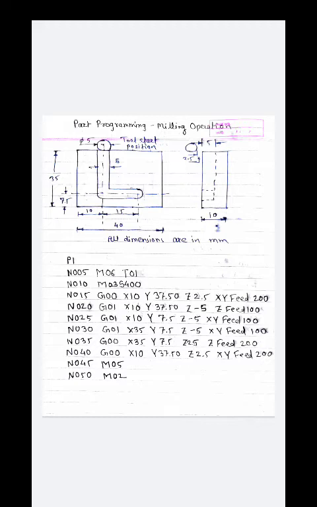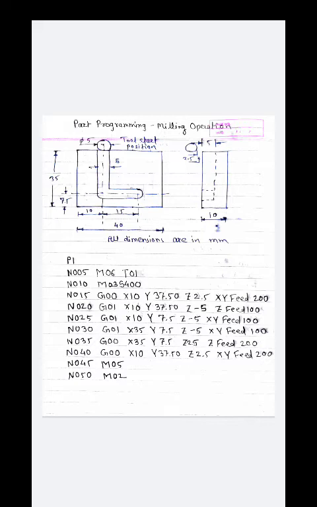Okay, this code is for spindle rotation in clockwise direction, G00 for rapid traverse, G01 for linear interpolation. Okay, M05 code is used for spindle stop, M02 is used for the end of the block.